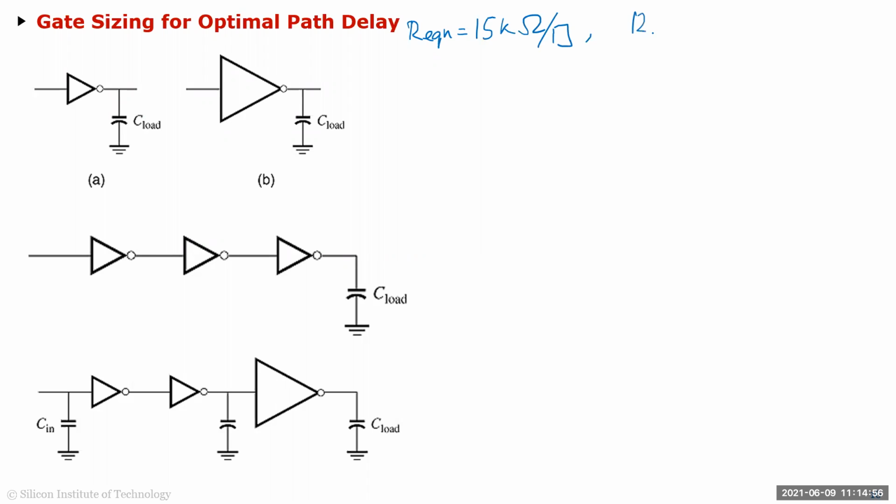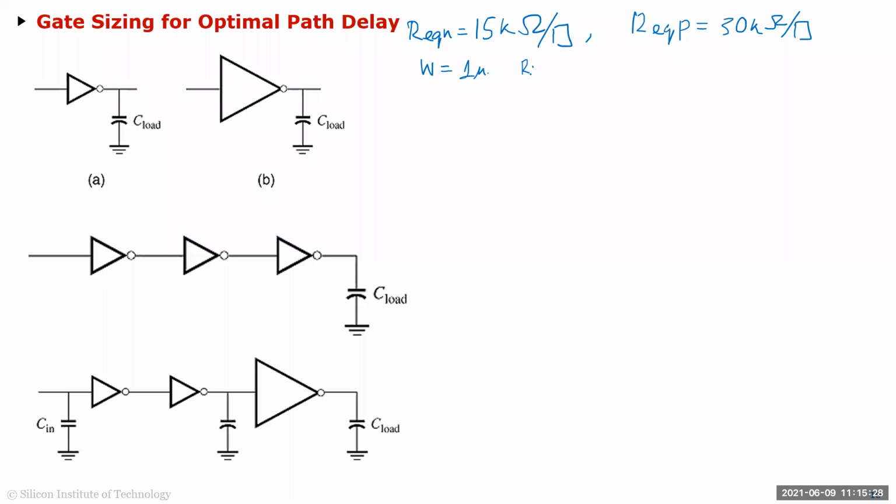And REP I'll take approximately as 30 kilo ohm per square, right? This is for 0.1. So let's say my W was 1 micron, and that's 10 squares, because 1 by 0.1 is 10 squares.